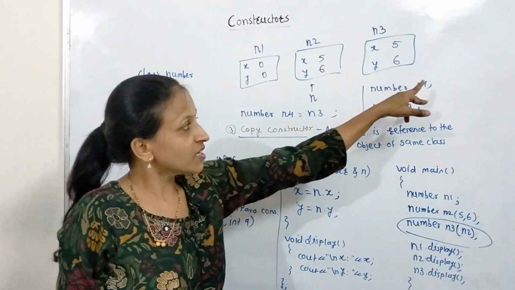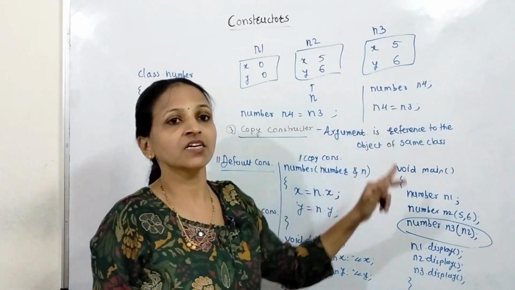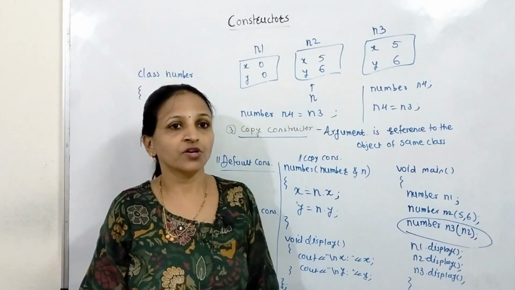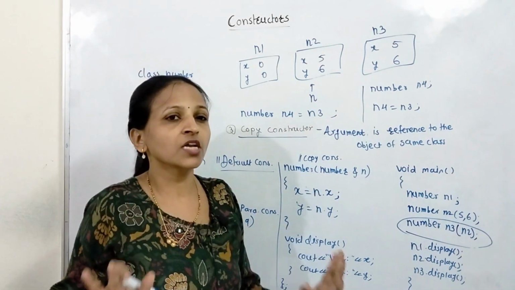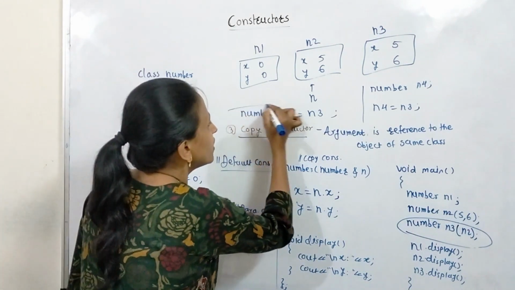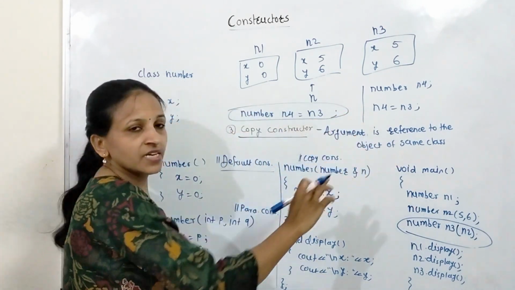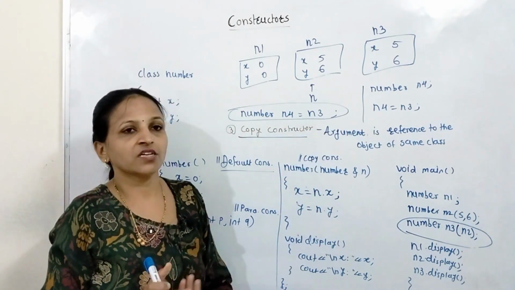And here, after creation, in the next line I am assigning n3 to n4. Actually these two statements have totally different meanings. See, whenever we write like this in a single statement, meaning while creation I am assigning, then copy constructor will be called.